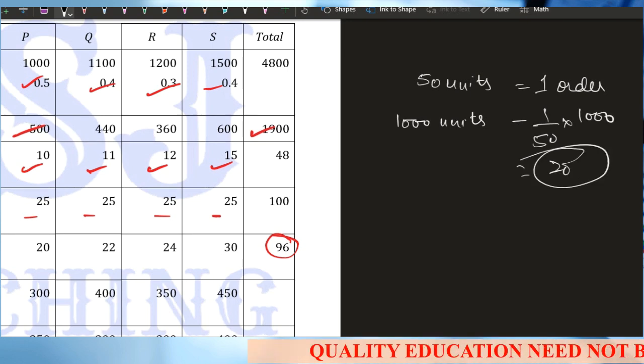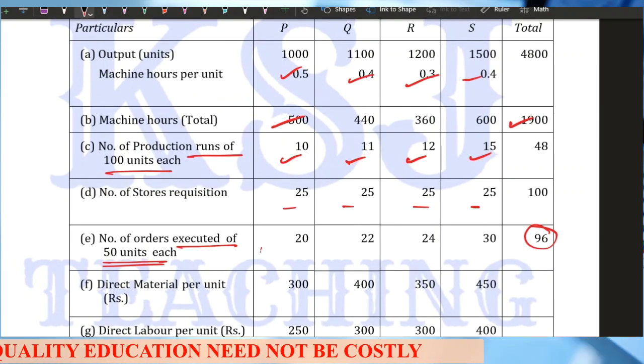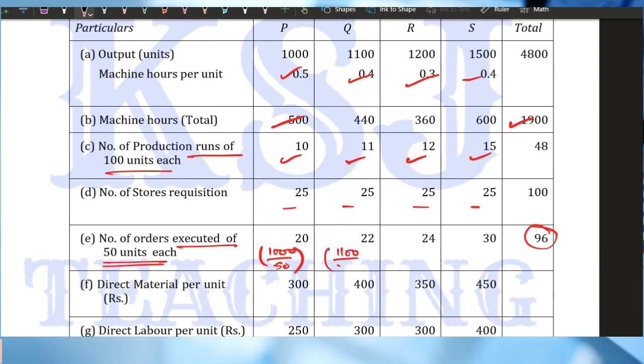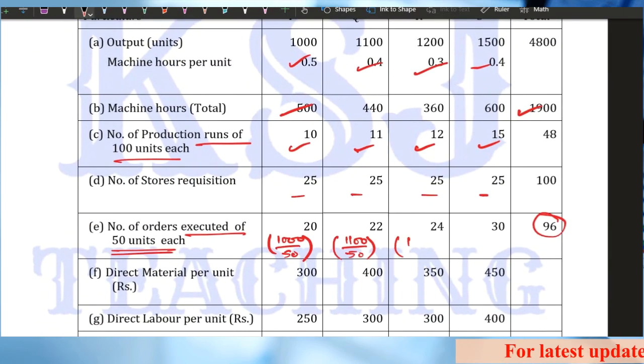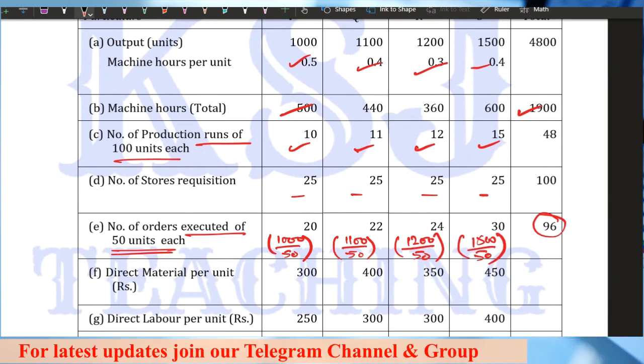Any doubts? So this is how 20 is calculated, that is 1000 units divided by 50. This is 1100 units divided by 50, this is 1200 units divided by 50, and 1500 units divided by 50. The total will be 96, that is given.